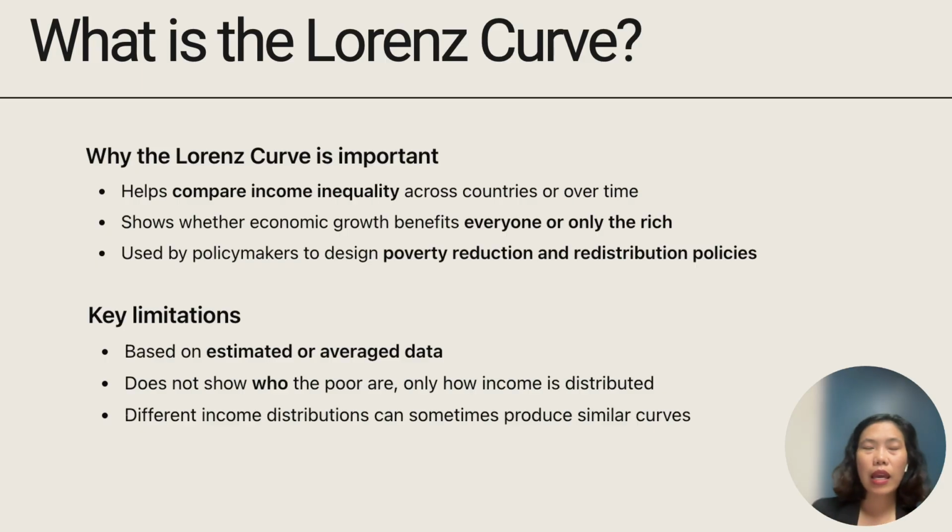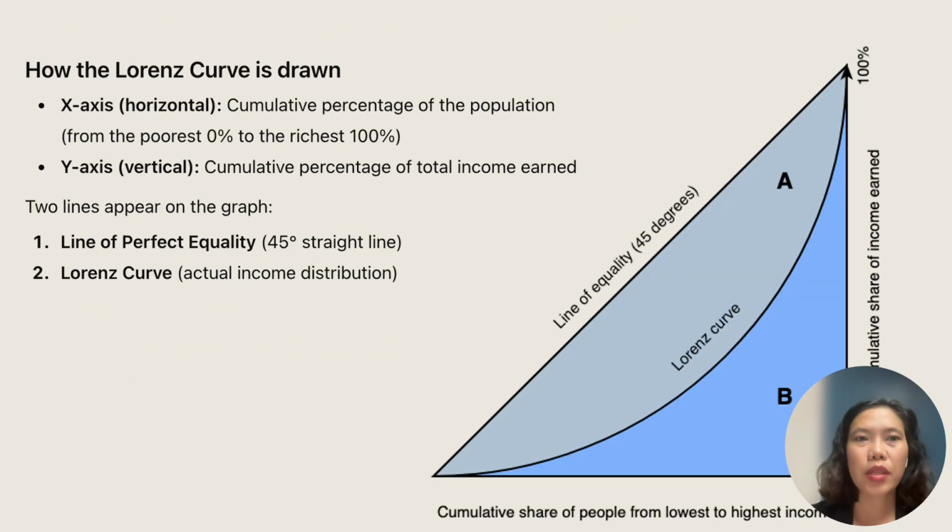So it's not really a perfect indicator or measure of poverty, but at least it helps economists compare the cumulative share of income earned by cumulative population or groups. So how is the Lorenz curve drawn? I have here an example.